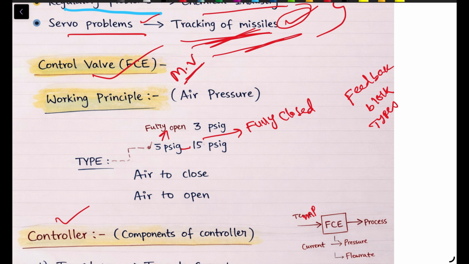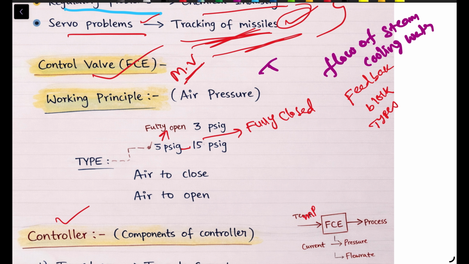Most of the chemical processes, the flow of steam, or maybe the cooling water, or maybe some fluid. So the control valve adjusts the flow rate of the fluid, which in turn controls the process variables such as temperature, pressure, or level. That's what we are going to see in the lab also.